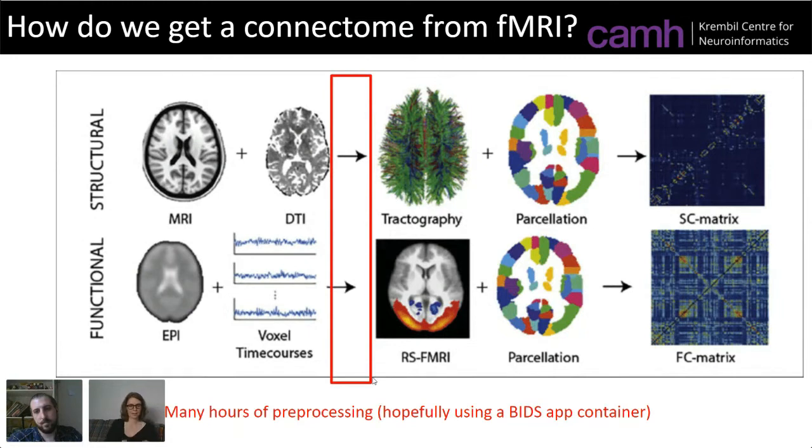And I didn't want to go too much into preprocessing here, except to say that hopefully in the modern day, unless you're working at an imaging software development lab, you're using a BIDS app container to preprocess your data, because data has now moved into a magical place. The future is now, where all you have to do is name your files properly, and a Docker container will parse what data you have and figure out the best preprocessing pipeline for it and run that preprocessing pipeline. And it all works, and it's amazing.